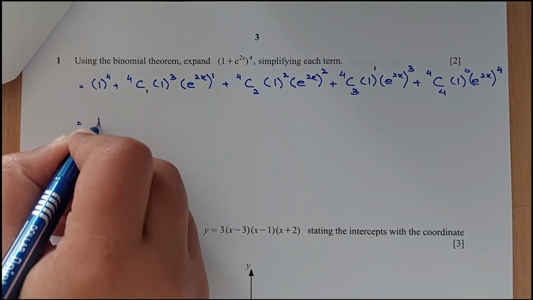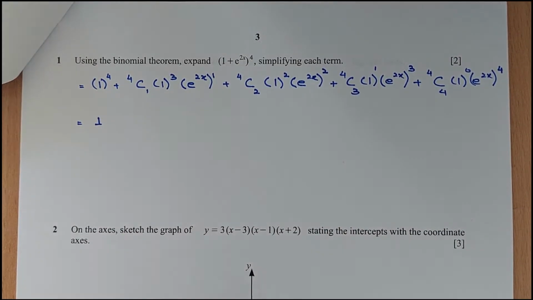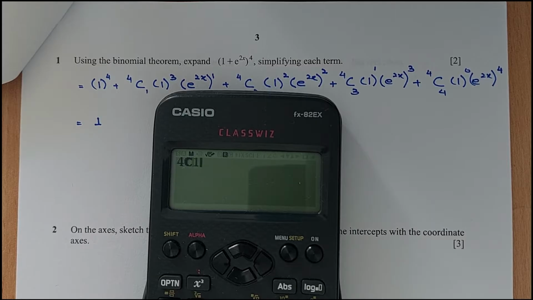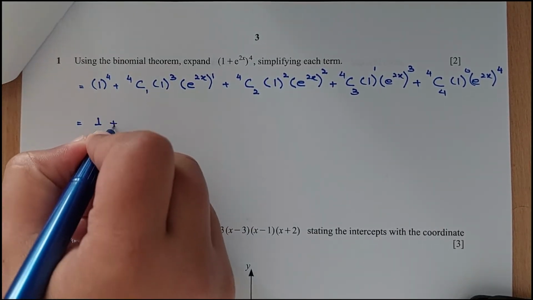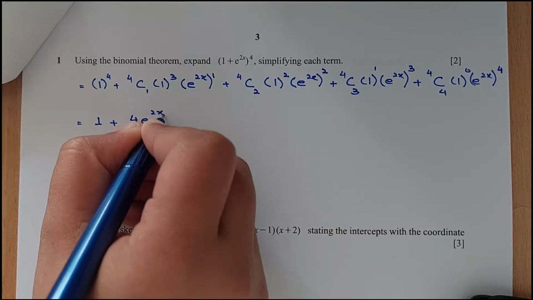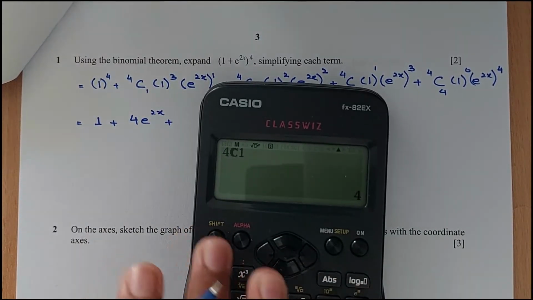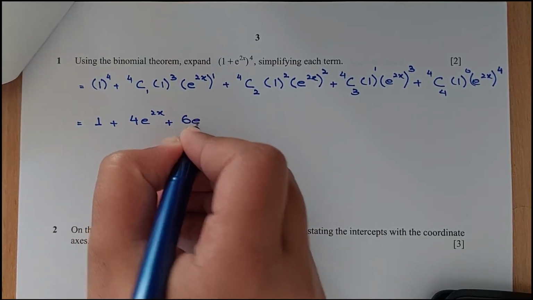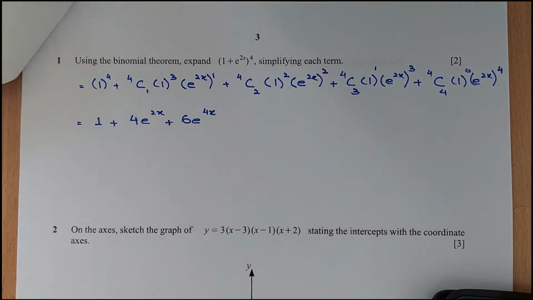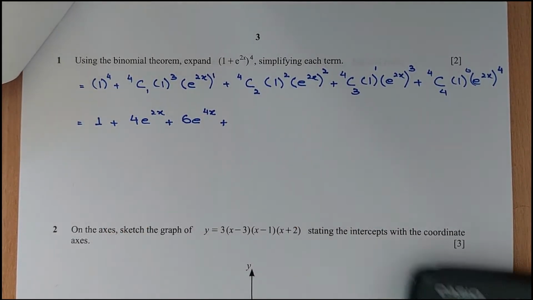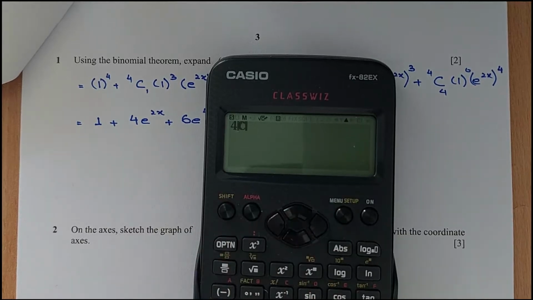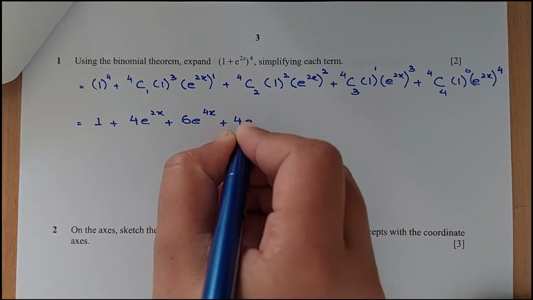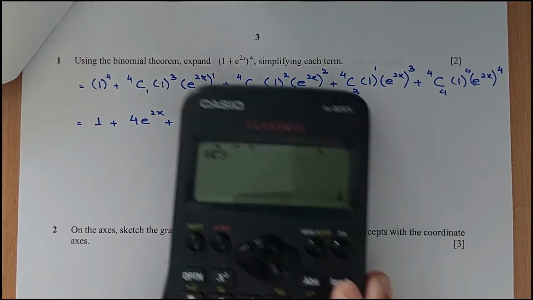Okay, so 1 power 4 is just 1. What is 4C1? Let me check. 4C1 is 4, plus this is 4 e power 2x, plus 4C2. 4C2 is 6, 6 e power 2 times 2 is 4x, plus 4C3. 4C3 is equal to 4, and this is e power 2 times 3 is 6x, and 4C4 is, I guess, 1.